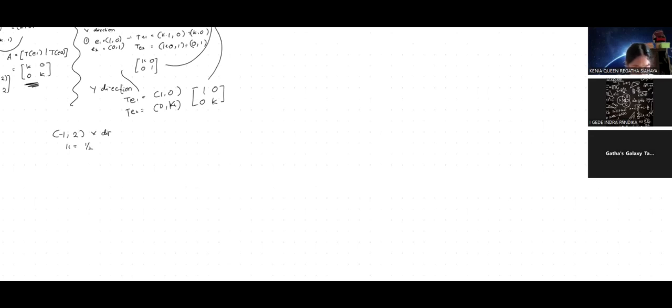So we can just use the standard matrix that we found there, which is k, 0 and 0, 1, and replace k with the factor. So half, 0, 0, 1. And then multiply with (-1, 2) as normal, and we will get negative half and 2. So this is the compression.